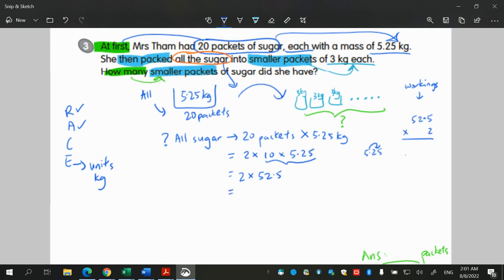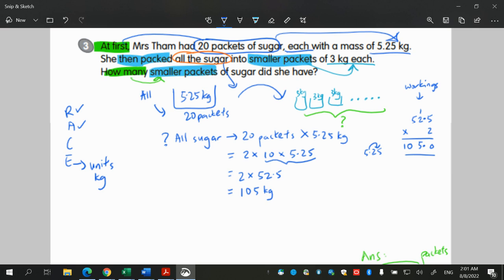I do my multiplication as with any whole number multiplication, just keeping in mind the decimal points and their alignment. 5 times 2, 10. We group the tens place. 2 times 2, 4, plus the extra 1, 5. And then 5 times 2. So we have 105 kilograms. I can drop that decimal point, make it invisible because it's 0.0.